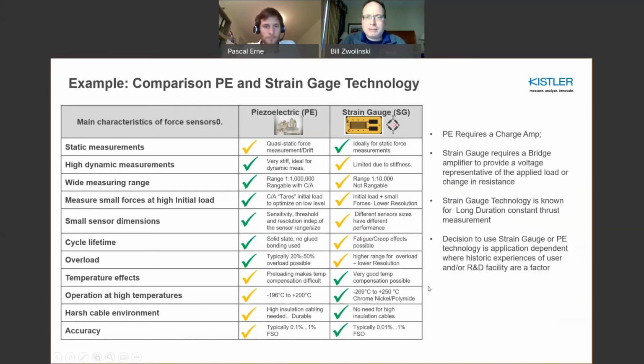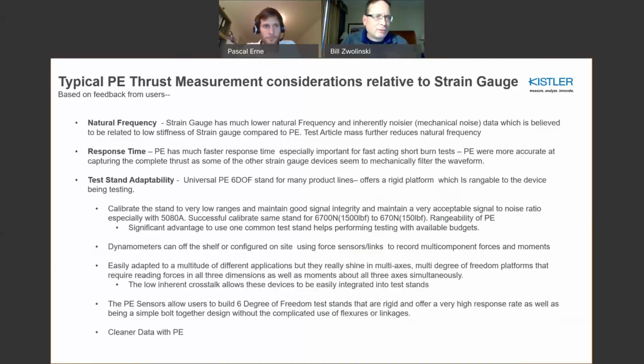Again, it's just a way to give a perspective. I think in propulsion test, I still see a fair amount of strain gauge technology being used. So I often talk to people who are using piezoelectric sensors for thrust measurement and ask them, hey, what are the considerations you make for why you use that over, say, strain gauge? And the feedback I get anyway is that certainly natural frequencies of the piezoelectrics are quite favorable.